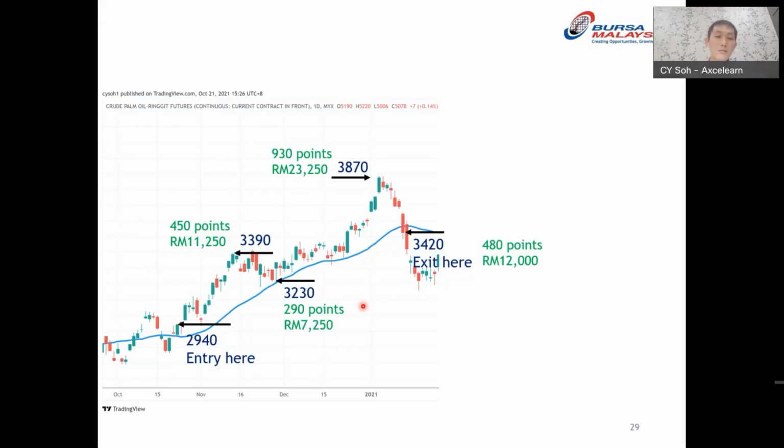If you are able to hold all the way up to here, congratulations, you managed to get 480 points. For those of you who exited at the initial stage, don't worry either, which is why today's session is very important for you to understand how to sit through the whole situation and follow your trading rules, especially if you do trend trading.